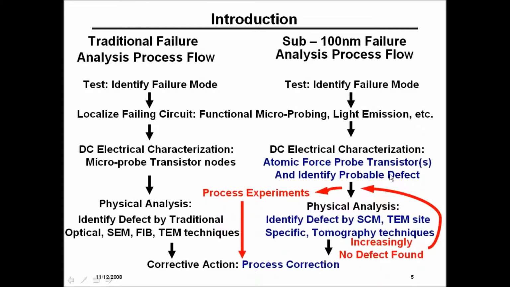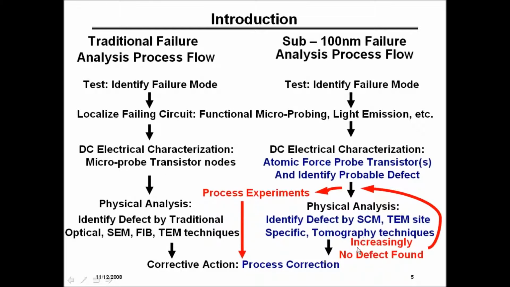identify the probable defect. And at this point, when we identify a failing transistor, we still submit it for physical analysis and try to identify the defect with scanning capacitance or TEM site-specific analysis, or if you have it, tomography techniques. But increasingly, no defect is found.